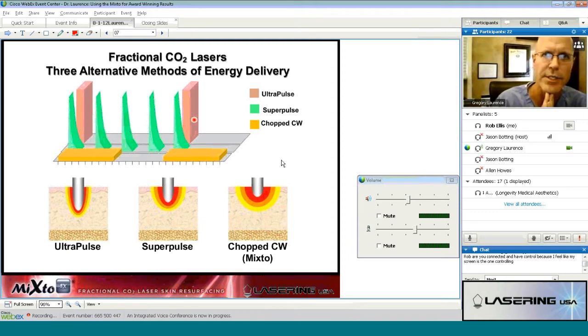And so the ultra pulse was an advantage in that it allowed for cutting technologies for us to be able to have as minimal of a zone of coagulation as possible from using it to cut, like when you're doing a blepharoplasty. And you could do that with your Mixto. You could get a cutting handpiece with it, and it's really, really wonderful.